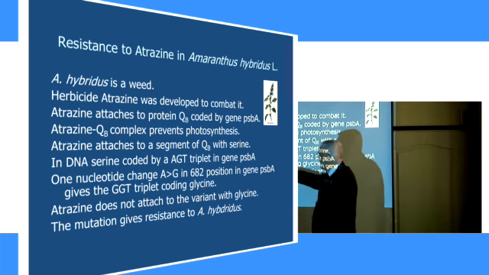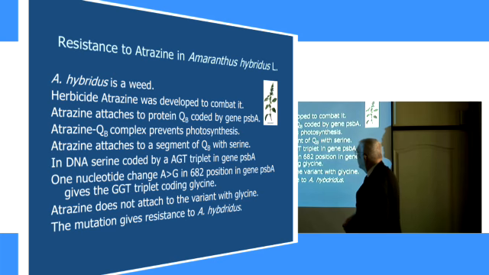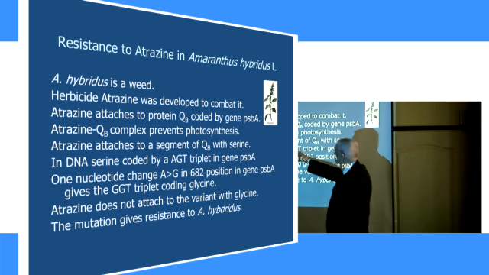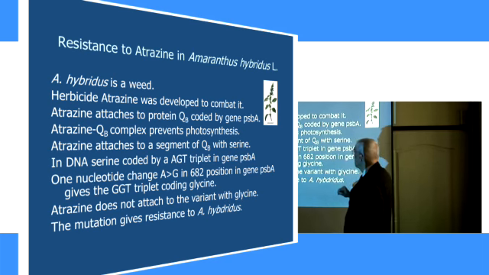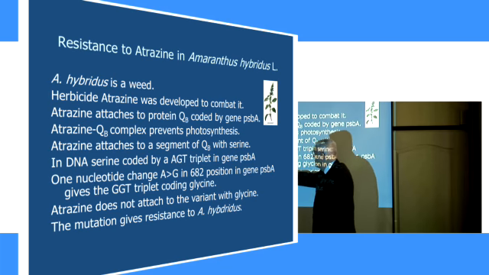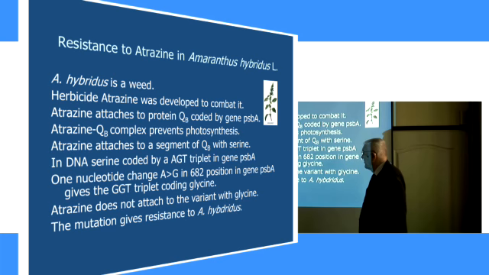In DNA, serine is coded by the 3 nucleotides AGT. This triplet is found in this gene PSBA. Now, one nucleotide change from A to G, this is in the 682 position within the gene, gives us, instead of AGT, a GGT triplet, which is coded for a different amino acid, namely glycine.